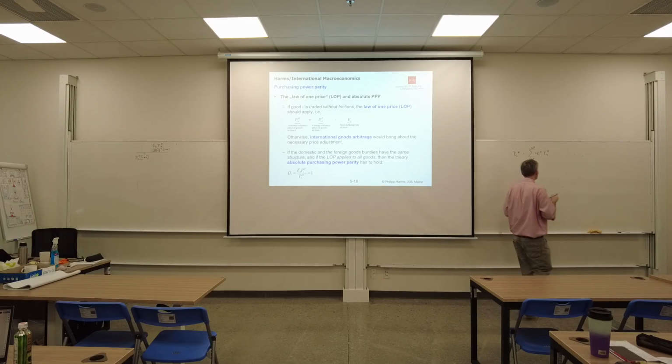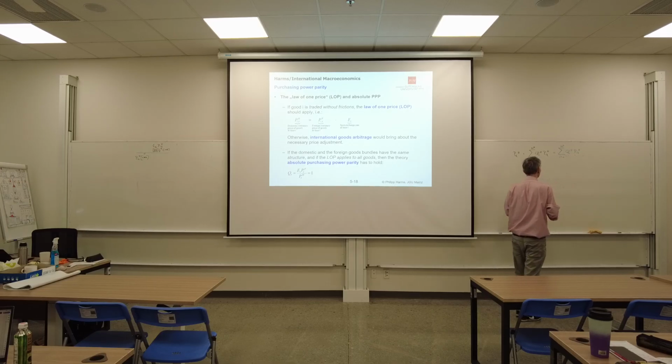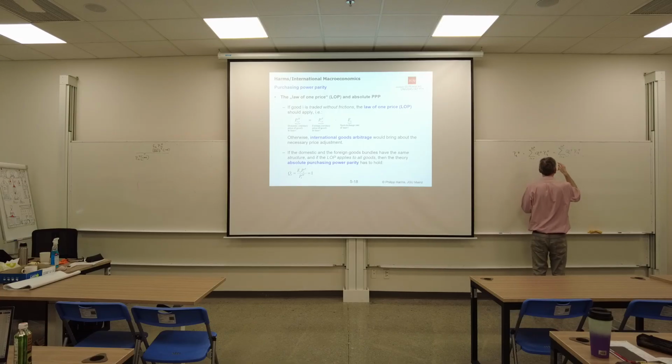Now, this is equal to the sum over i equals 1 to N_F of phi_i^F P_it^H. And the assumption that goes in here is identical goods bundles.